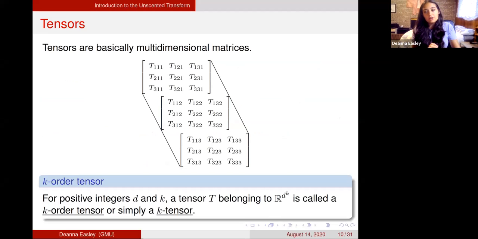Now, the skewness and kurtosis are tensors, which are basically multi-dimensional matrices, and you can see an image of one here. And we need to find a rank 1 decomposition of these tensors in order to generate new quadrature nodes that correspond to these higher order moments.